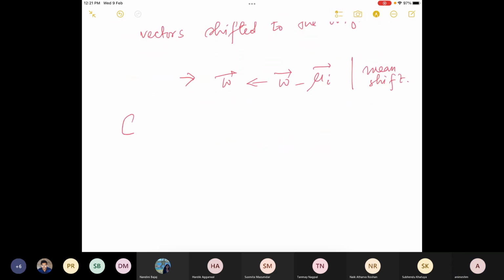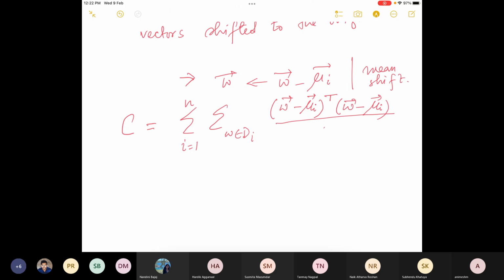Now I will define something and you will tell me what this is. What is this?